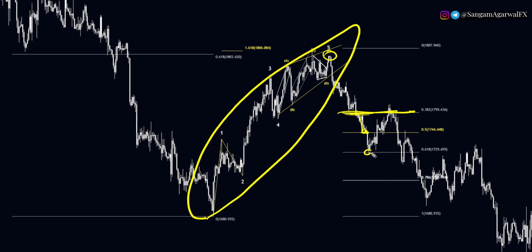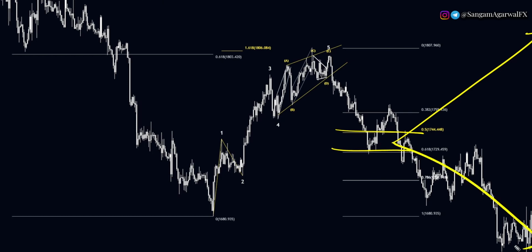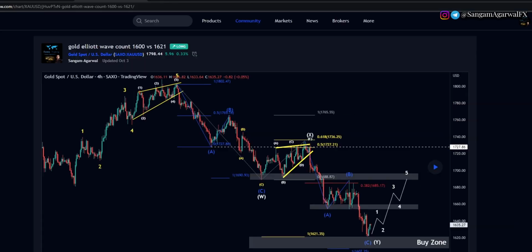Then somehow it stopped at the 61% retracement level. Because the 61% retracement level is always a war zone, where the bulls who think it will go up fight with the bears who are saying that it will make a new lower low.